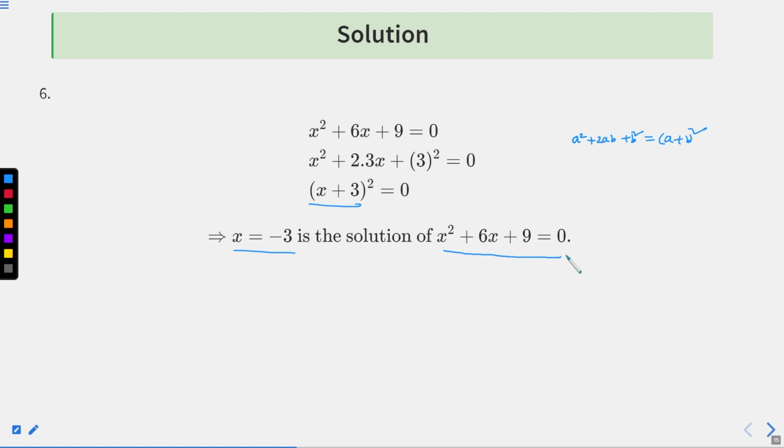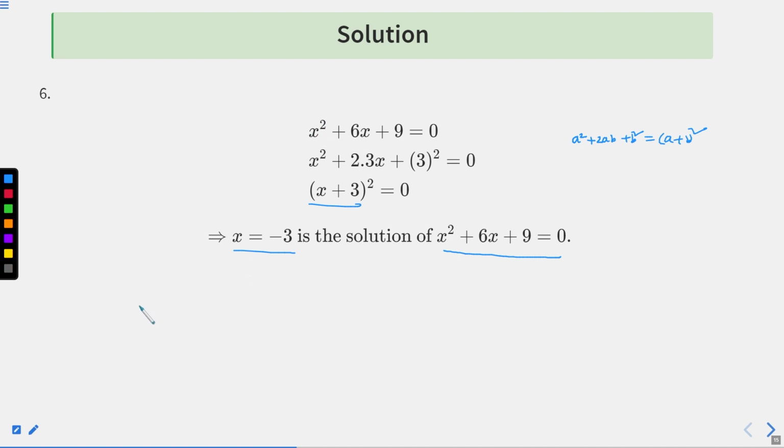So it implies x equal to minus 3 is the solution of this quadratic equation x square plus 6x plus 9 is equal to 0. Okay, we can also approach in another method. We can directly substitute the value of x equal to minus 3 in the polynomial x square plus 6x plus 9.